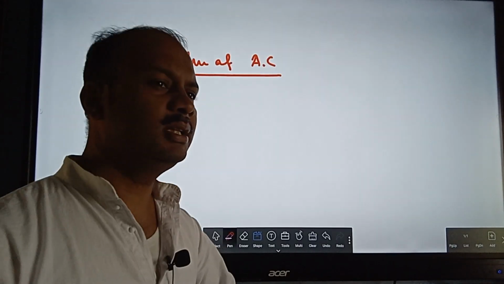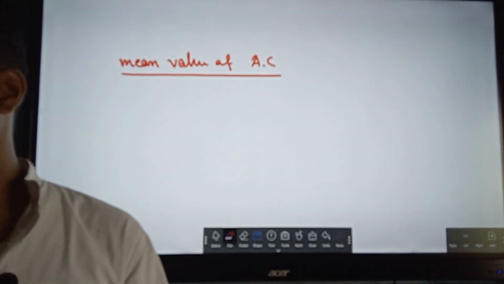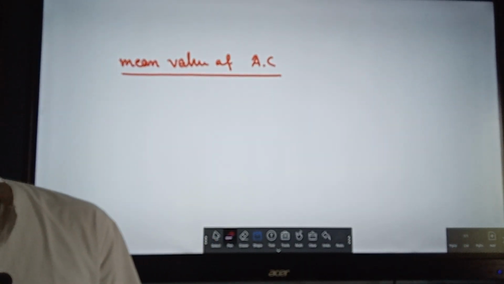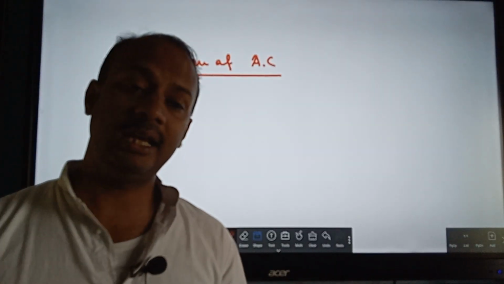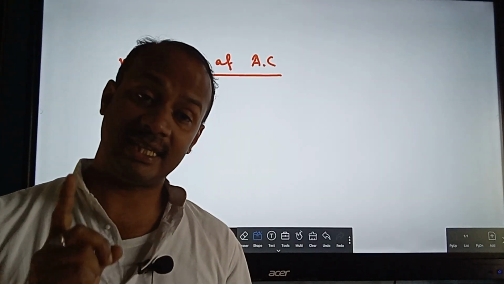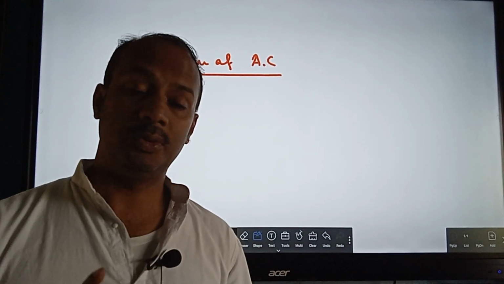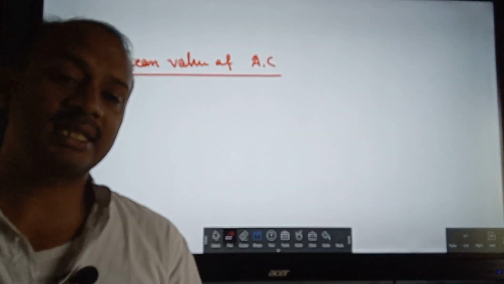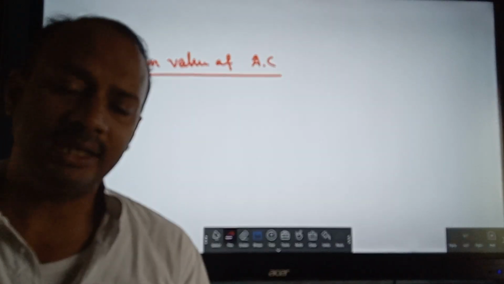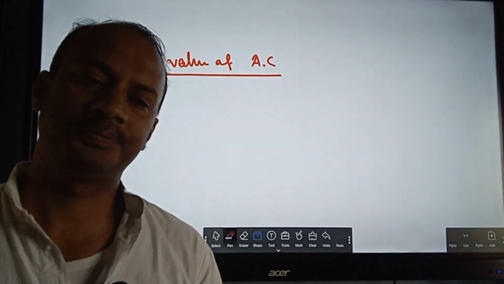So what is the mean value of the alternating current? The mean value of the alternating current is that value of steady current which sends the same amount of charge through a circuit for a given time period T by 2.